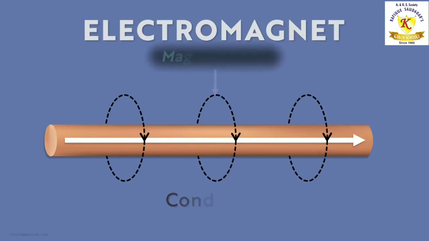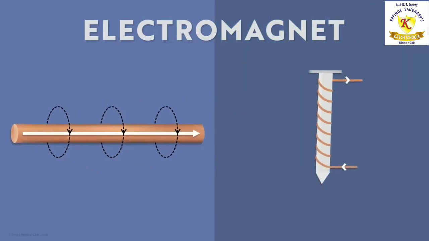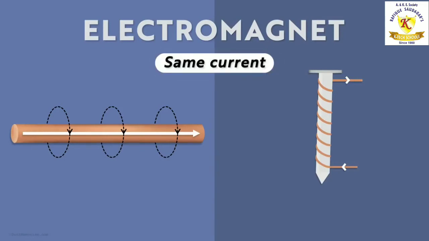However, we can make the magnet stronger by wrapping the wire around a piece of iron, such as an iron nail. Even if the current is the same in both cases, this one will result in a stronger electromagnetic field.